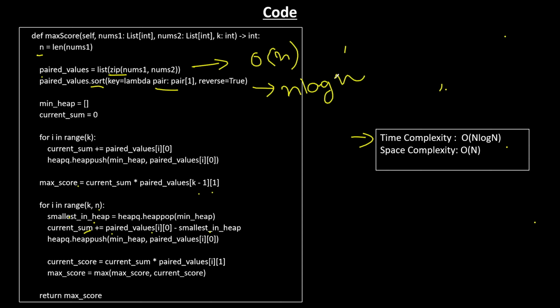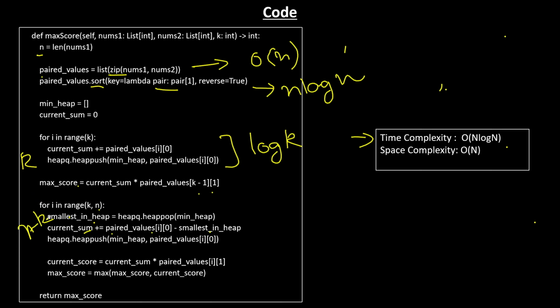Fine. And after that, we do the heap operations here, which take log of k. This is the time complexity for doing any operation in the heap. Therefore, we do it here k times and here n minus k times.